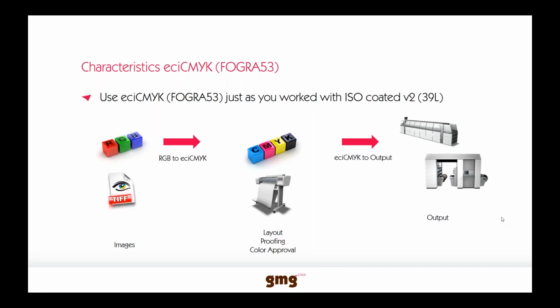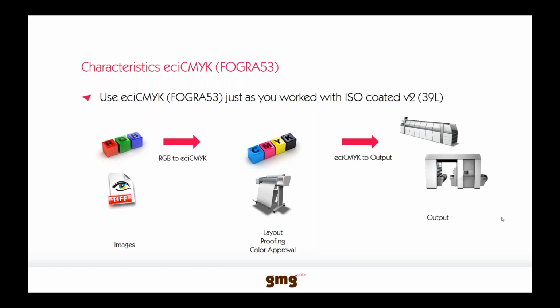So, can FOGRA53 be compared to the IKEA color space? Actually, yes. So, the IKEA situation is that they have to produce their catalog. They have different printers all over the world with different papers.